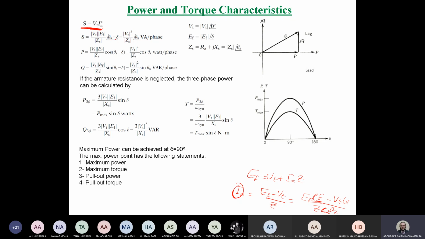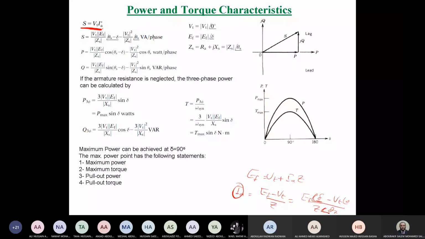Why is it minus? Because we need the current conjugate. So the angle in the numerator will be delta, and in the denominator will be minus theta Z, so it will be inversed. So the angle is theta minus delta, minus V terminal square over Z at angle theta. So this is now the equation of complex power. This is per phase, guys.